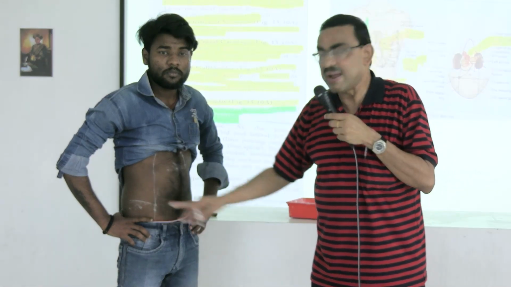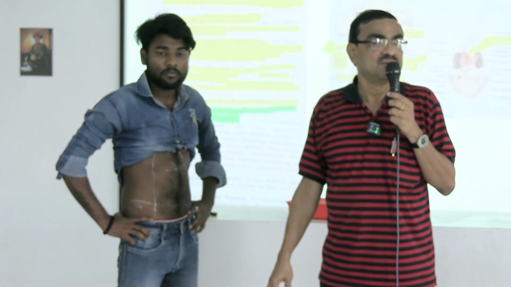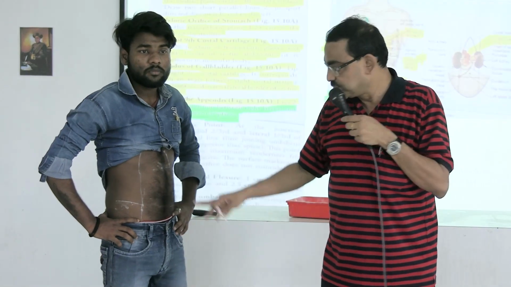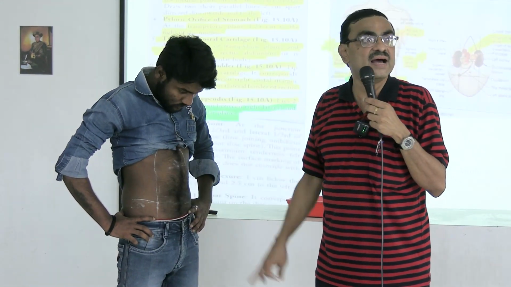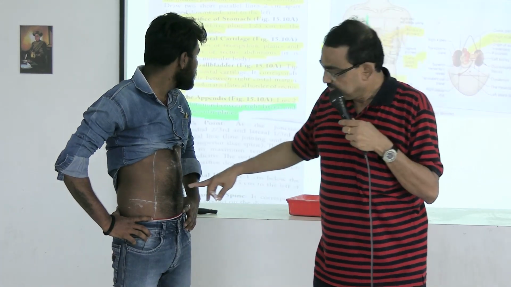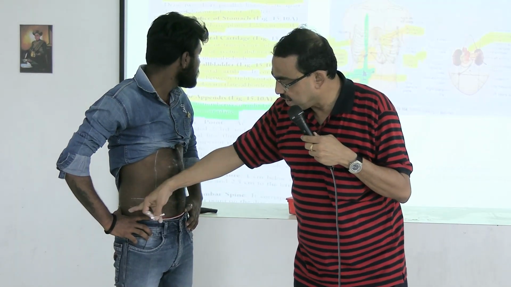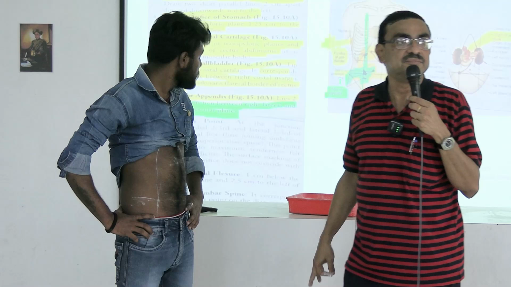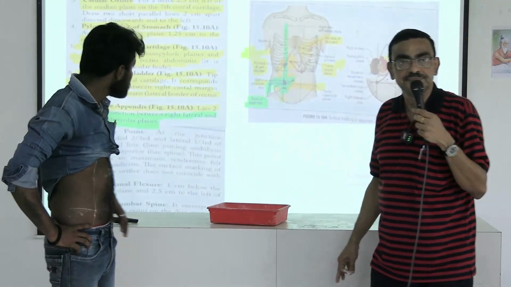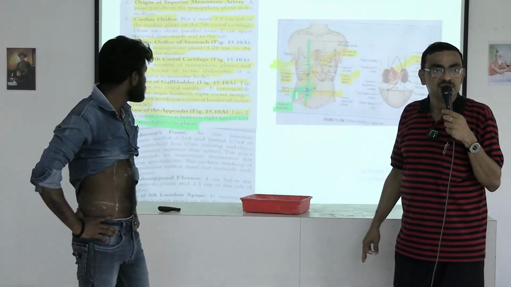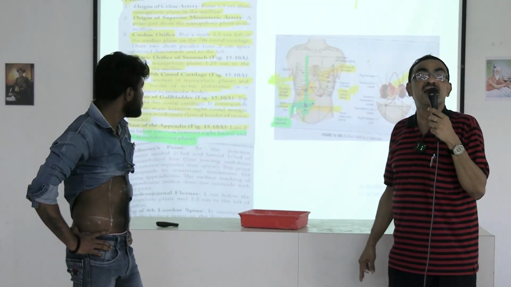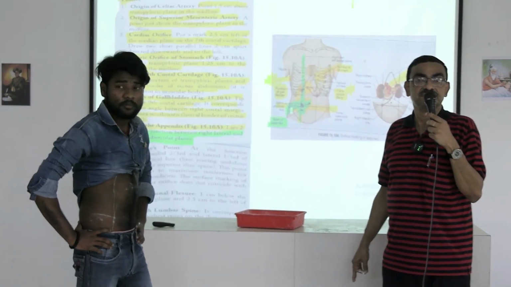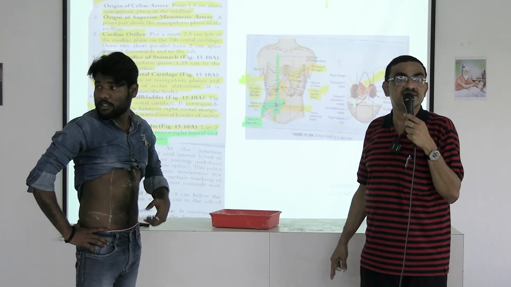you will not get pain here. It will first originate around the umbilicus. Then it will move towards the right iliac fossa. Then which one is the most tender point of appendicitis?